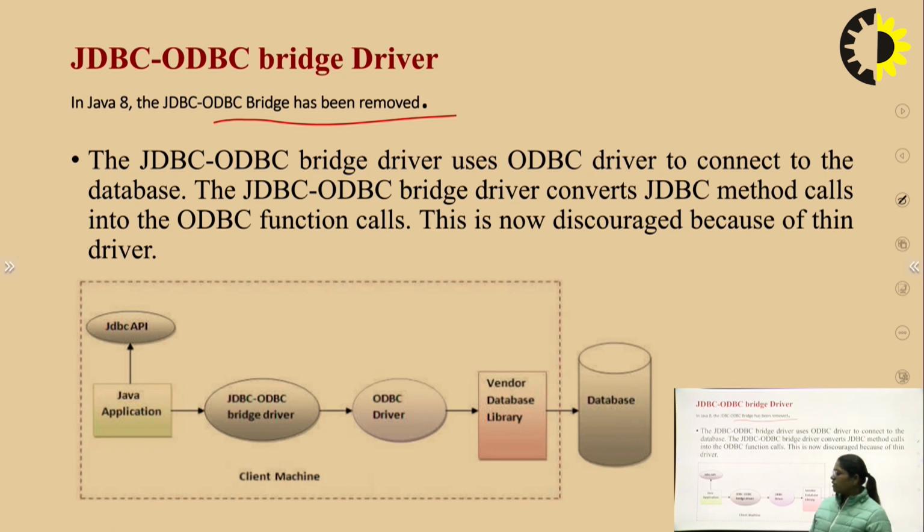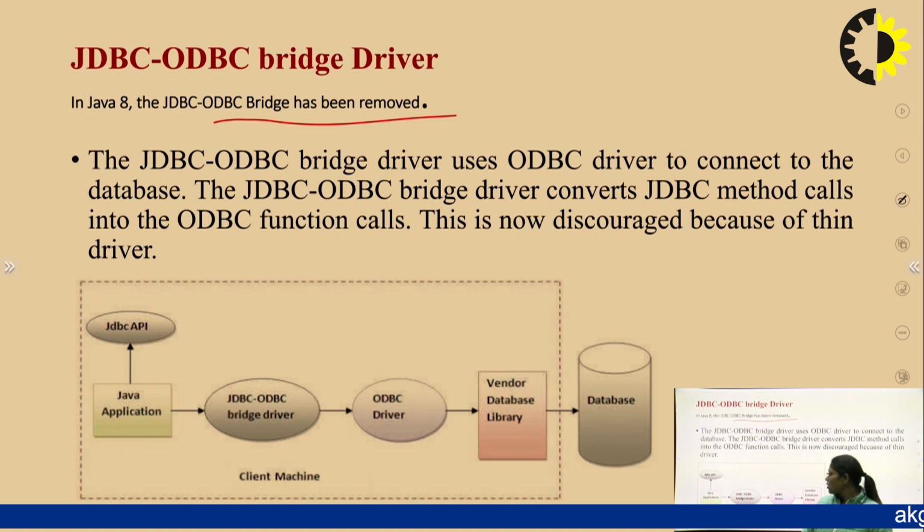So what is the working process of this JDBC ODBC driver? The JDBC ODBC driver uses the ODBC driver to connect to the database. So here we have to convert the method calls into ODBC function calls, the function calls of the ODBC driver from the method calls of the JDBC driver. So this is the process of how we can connect.